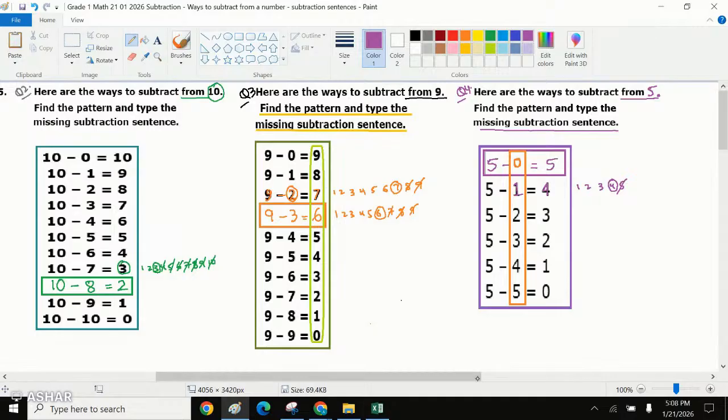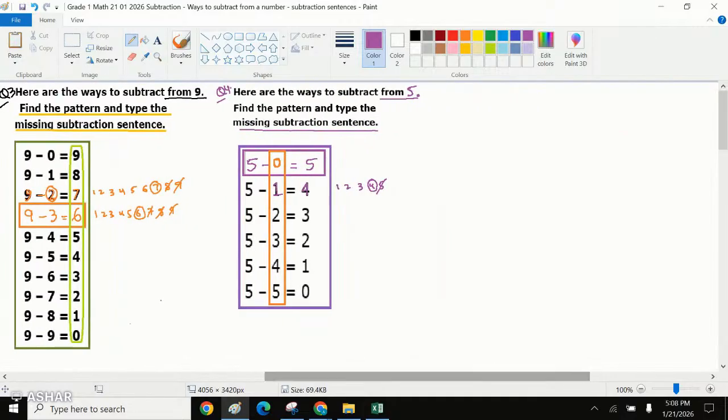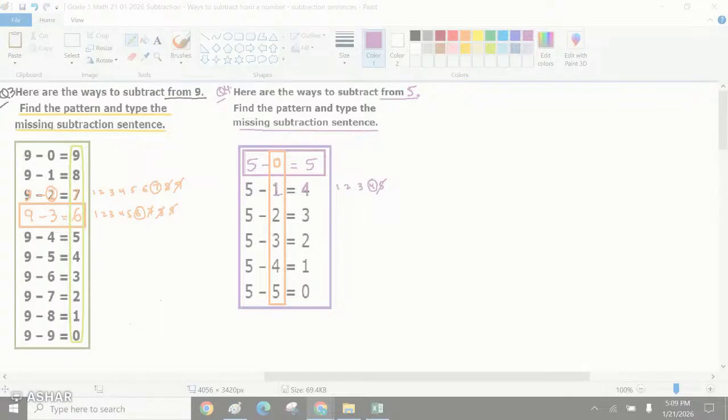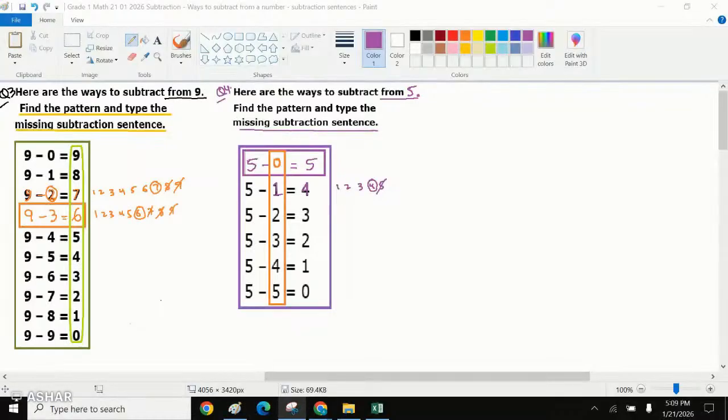Okay. So moving ahead, what I'll try to do is I will try to change the requirements, right? Rather than 1 missing, I'll try to make it 2 missing. So for the next question we have here, the ways to subtract from 7. Okay, I'm just copying the question.